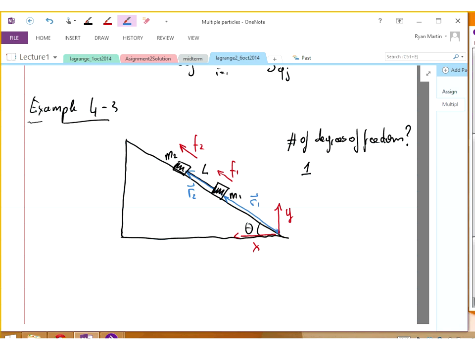And so let's choose as our degree of freedom a scalar, which we'll call R, and it's the magnitude of R1.